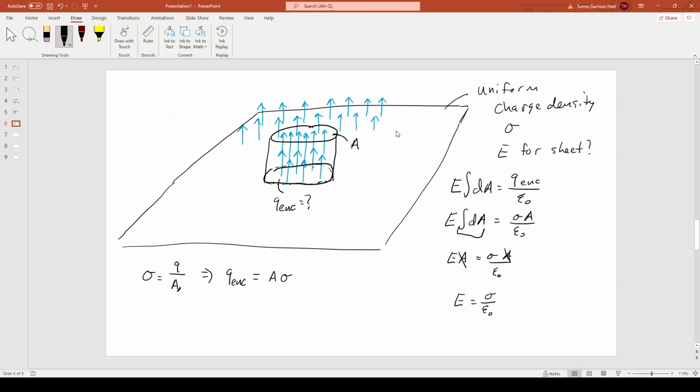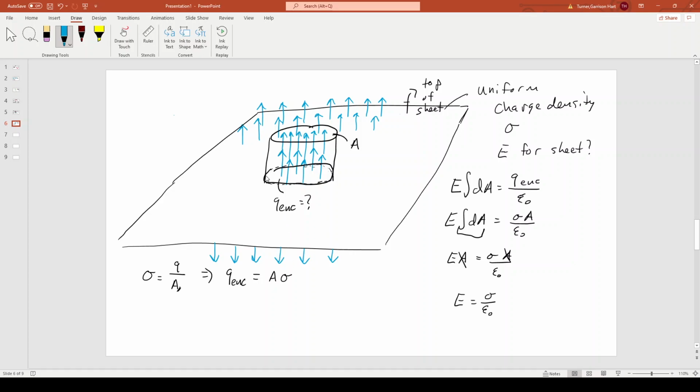This is for the top half of the sheet. If this is truly an infinitely thin sheet, then there's field lines coming from the bottom of the sheet too. And those have some flux.